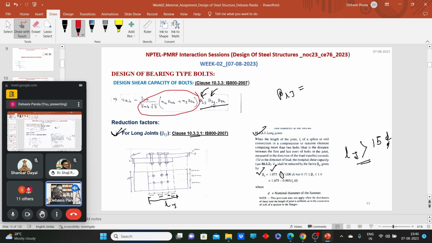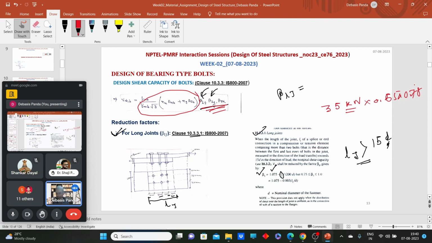For example, if there is no correction factor, we have a plain joint, and the shear capacity of the bolt is, let's say, 35 kilonewton. Now I have introduced the correction factors. That value will be less than 1, say 0.65, 0.78, like this. So it will reduce the strength of the bolt while designing.